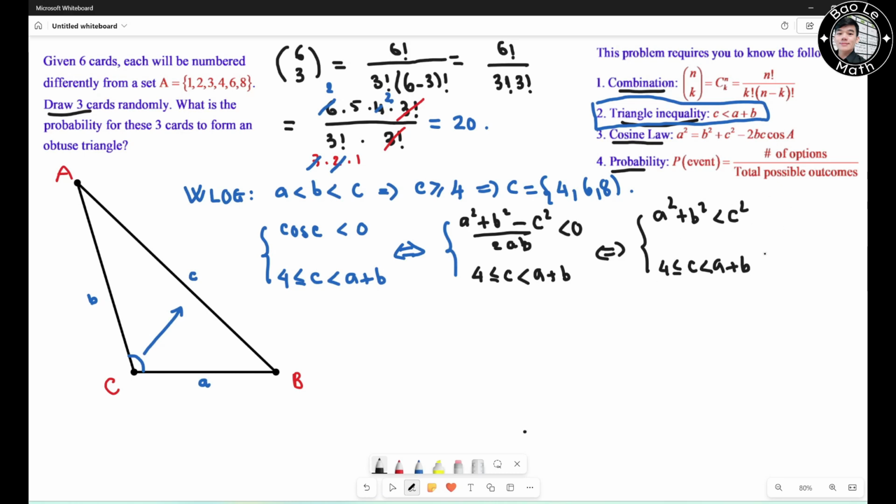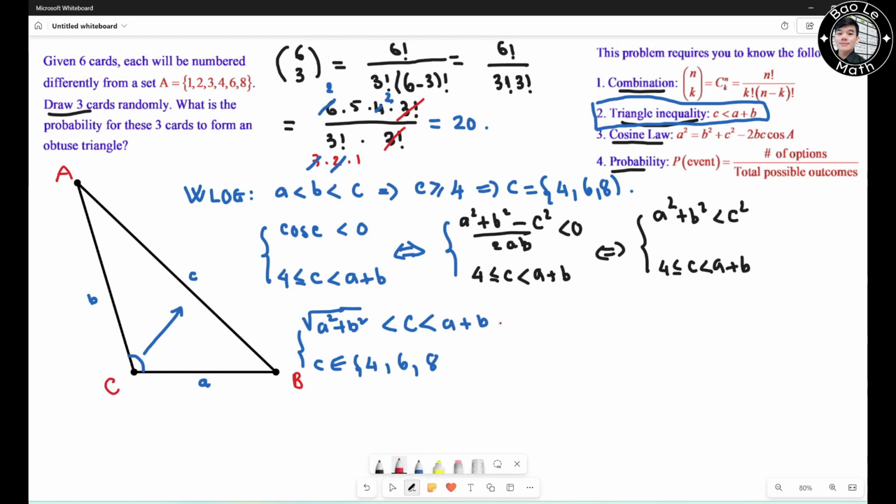Now we're going to take the square root of both sides, so we end up with the square root of a squared plus b squared less than c. But we know that c is less than a plus b, so we just write this as a compound inequality. And c must be 4, 6, or 8.